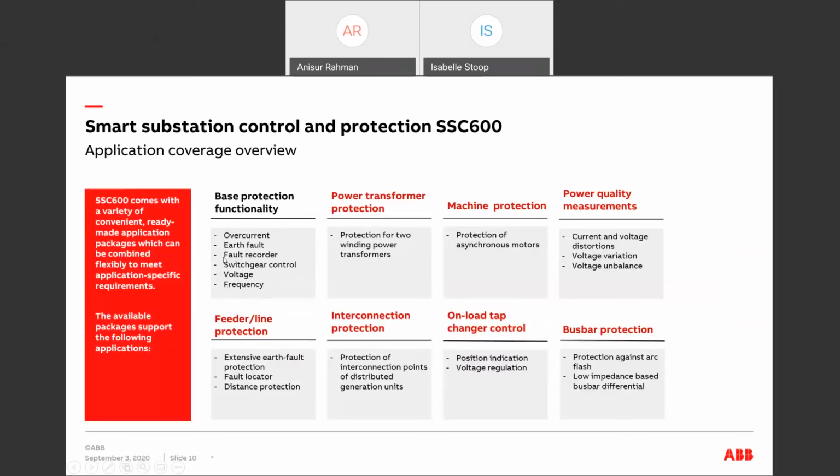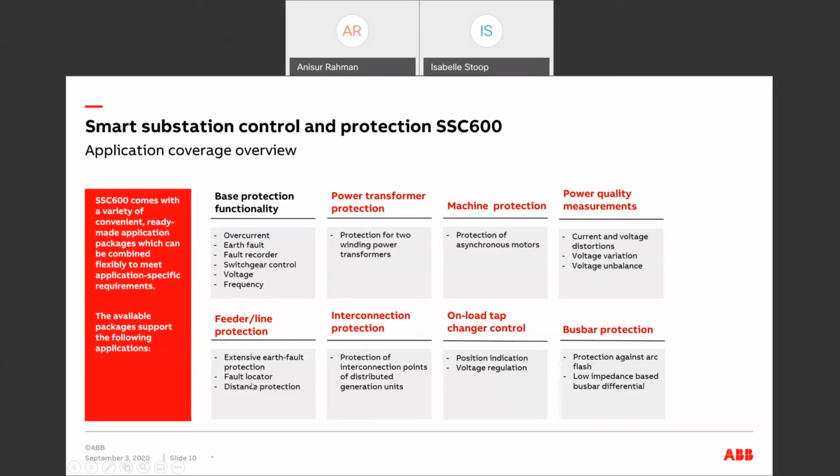But in addition to that, you have the power transformer protection, motor protection, special motor protection, that means generator protection, power quality measurement, and special feeder protection, and extensive earth fault protection, distance protection, fault locator.